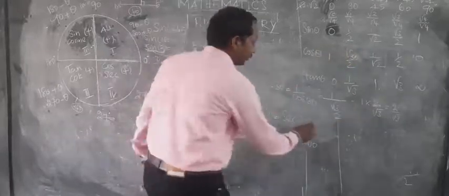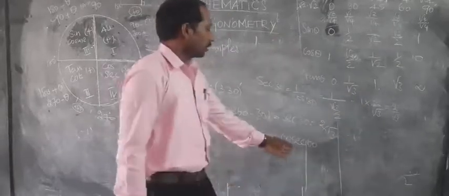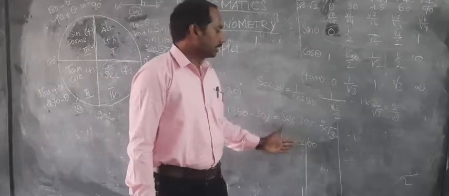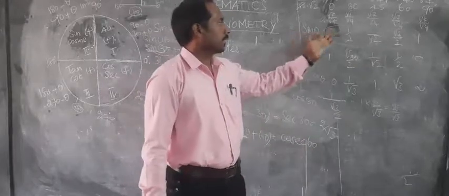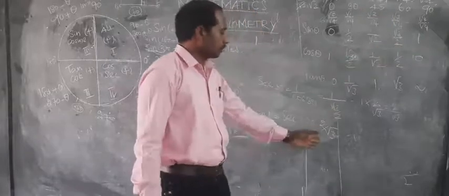In the same way, cosecant 60 is the reciprocal of sin 60. Sin 60 is root 3 divided by 2, so the cosecant is 2 by root 3.